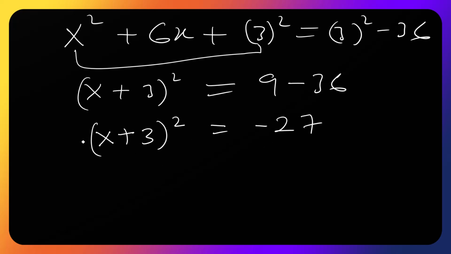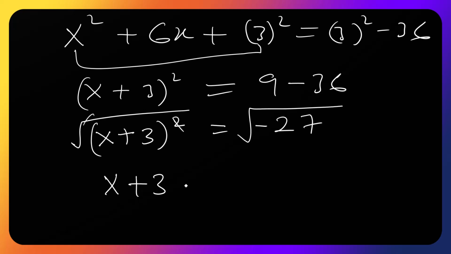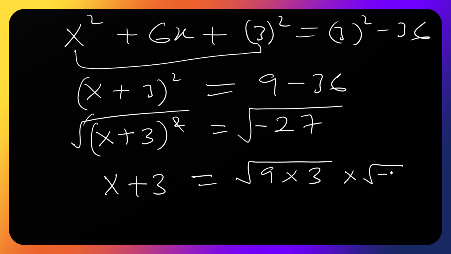So from here, take the square root. So this side will cancel. I have x plus 3 equals, so we can say 9 times 3. And let's bring the minus 1 out. So that's the same as that.